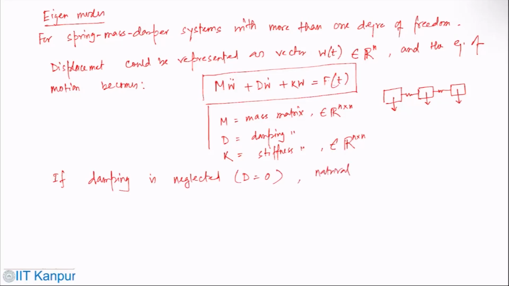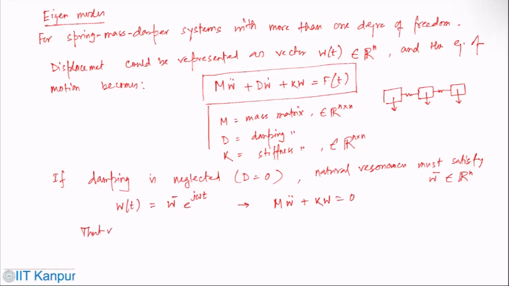Then natural resonances must satisfy that. So what we have is the solution vector w(t) = W e^(iωt), and we have M ẅ + K w = 0.